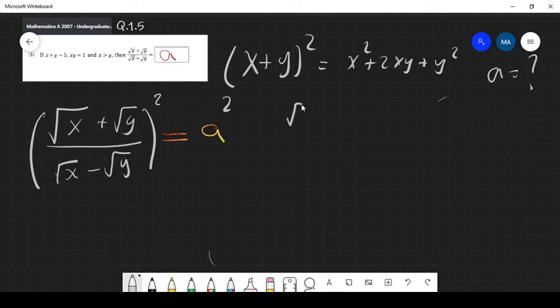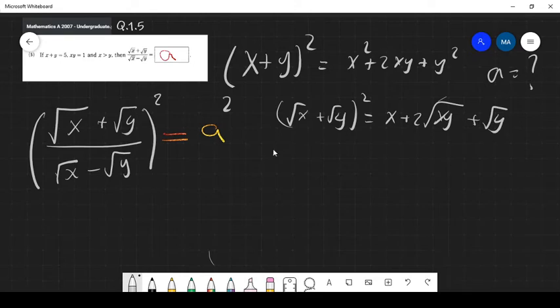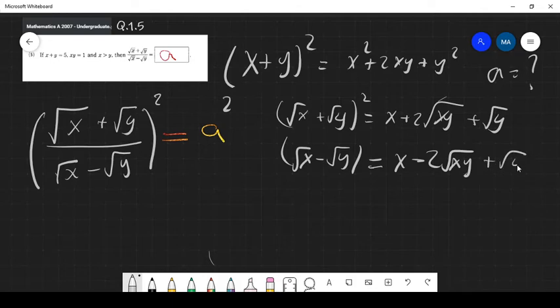So remember, the square root of x plus the square root of y, squared, is equal to x plus 2 square root of xy plus y. Now for this part over here, the square root of x minus the square root of y, squared, it is equal to x, now minus 2 square root of xy, plus y.